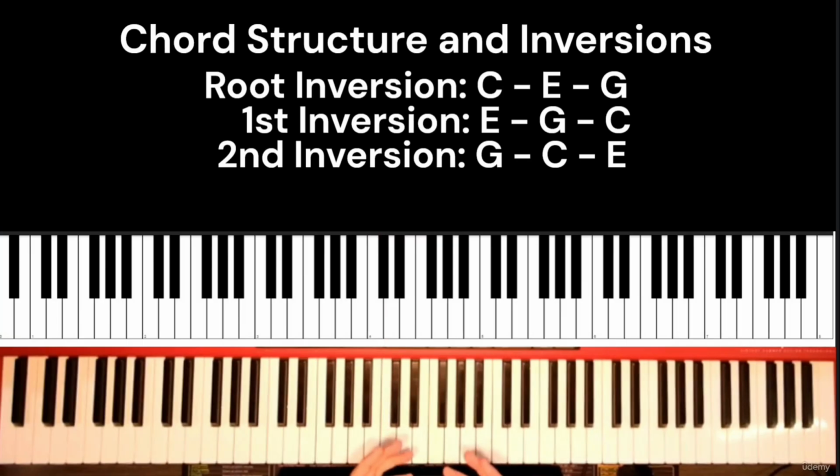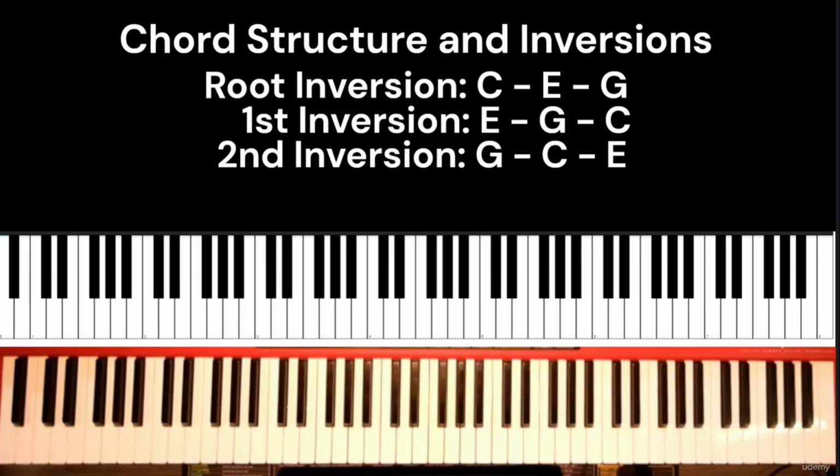Then the next inversion is called first inversion. I know that may be a little odd. You would think it'd just be first, second, and third inversion, right? But you have root inversion, first inversion, and then second inversion here with the E on top.